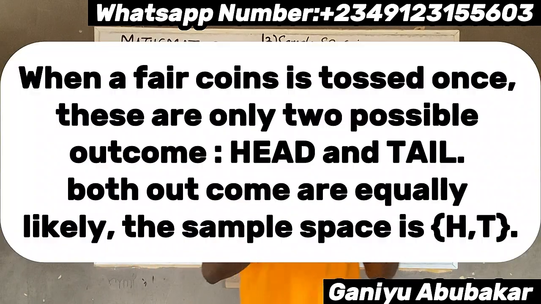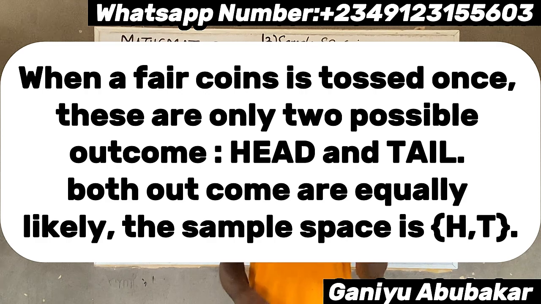When a fair coin is tossed once, there are only two possible outcomes: head or tail. Both outcomes are equally likely.